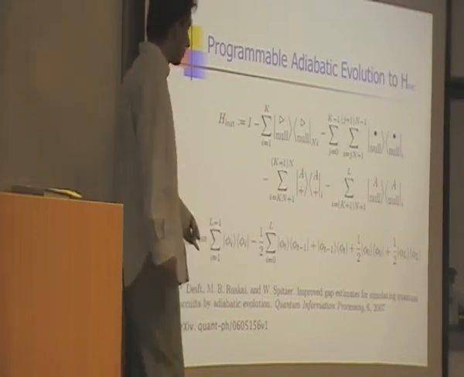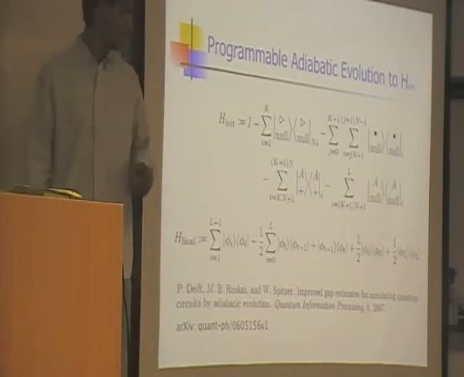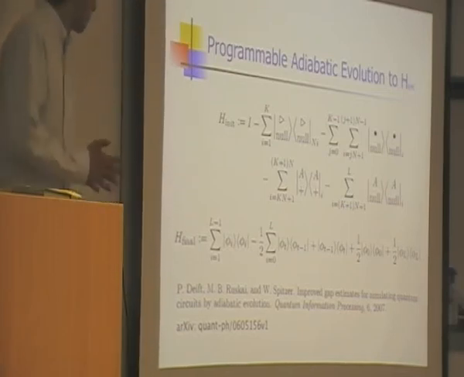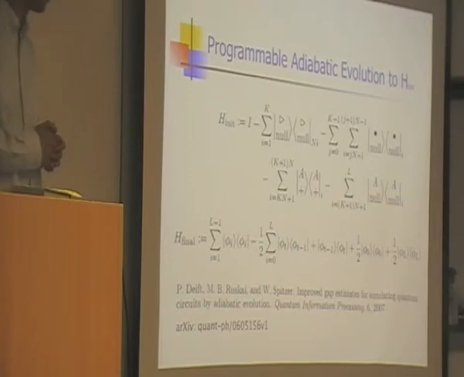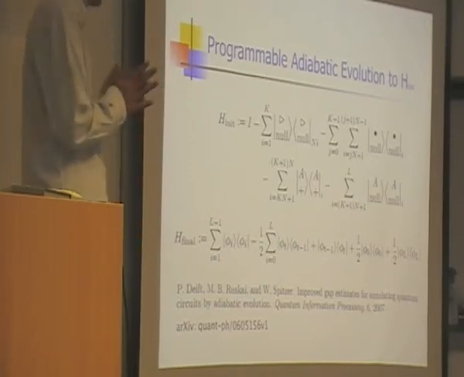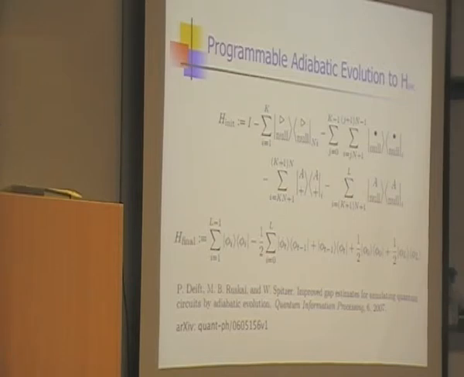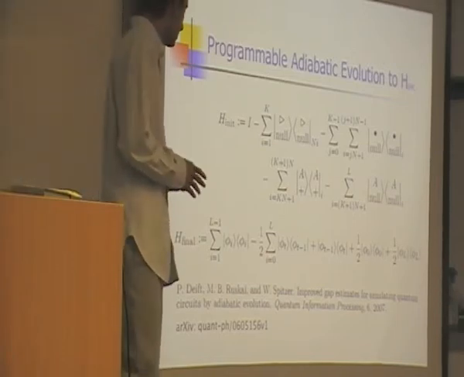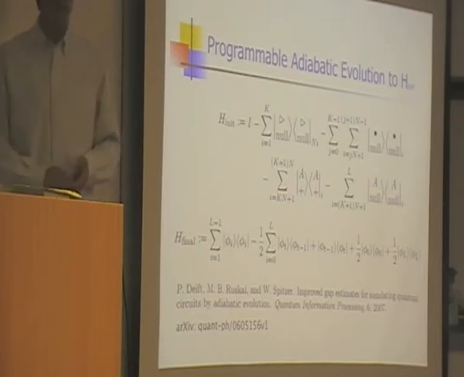And recently, in 2007, Gates et al. improved this gap estimation, and there are very simple techniques to show how the gap is inverse polynomial in the number of commands.